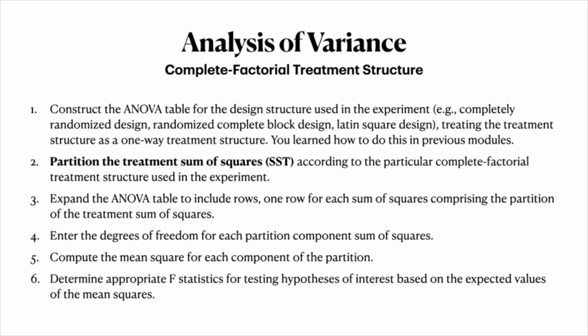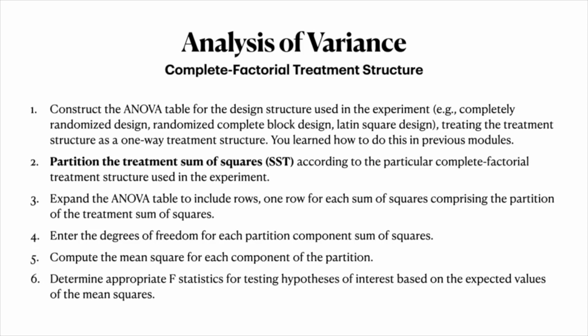So with that in mind, the next step is to partition the treatment sum of squares, that value of SST that we obtained in step one when we considered the treatment structure as a one-way treatment structure. In step two we're going to partition the treatment sum of squares and do that partitioning according to the particular complete factorial treatment structure that was used in the experiment.